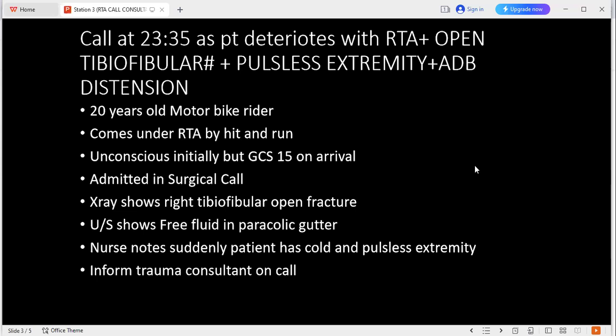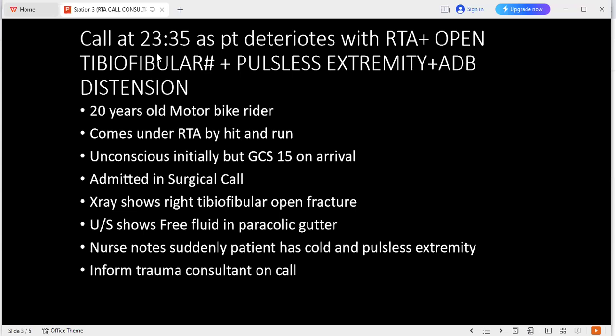Is 11 and a half p.m. the time of the RTA? Yes. Okay. Where have I written the time? Yes, it's the time when you are calling your consultant. And the time of the RTA?